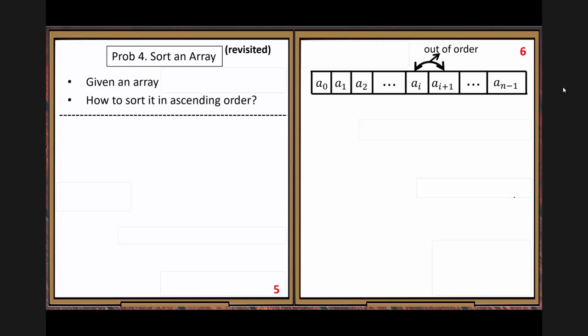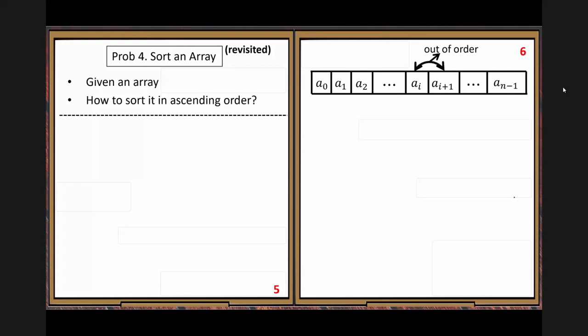But there is something wrong if they are out of order. That's against our goal, because it's opposite to our goal. Our goal is to make ascending order, but we find two elements that are in descending order.